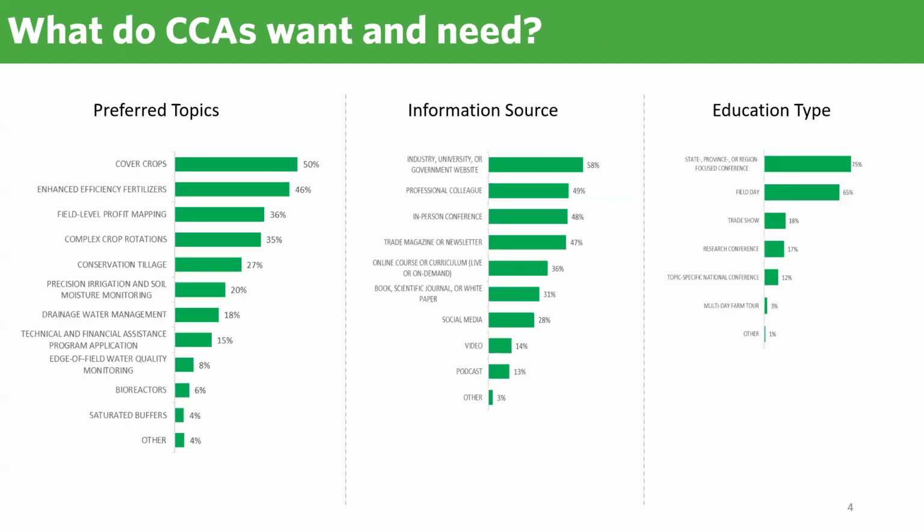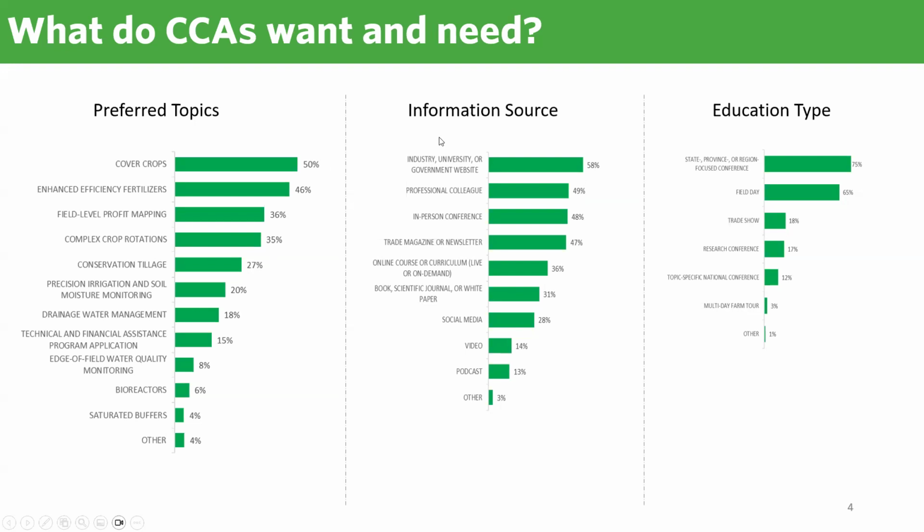We did a few surveys a few years ago with CCAs, farm advisors, and we learned that when it comes to preferred topics, they wanted to learn more about cover crops, crop rotations, and conservation tillage. So you can see there is a good interest from the CCAs in learning more about conservation practice as a whole.